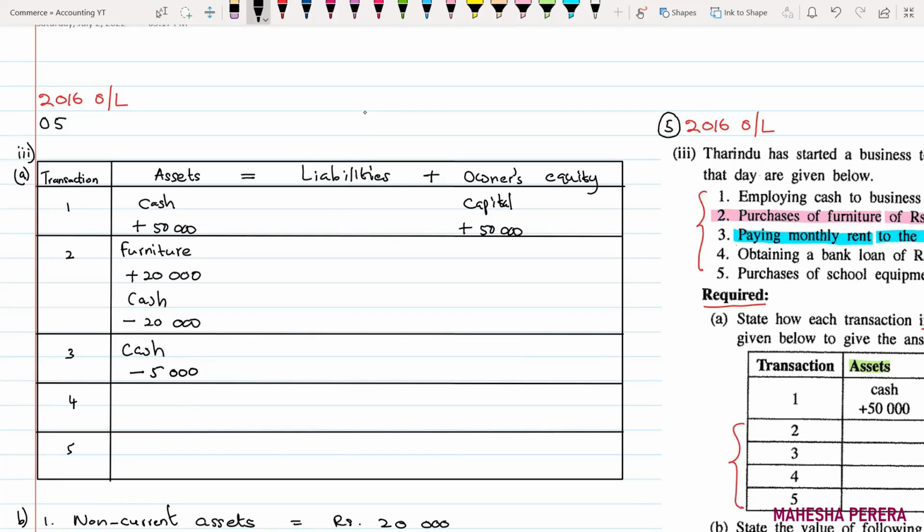So cash minus, and then what's the other impact? Under equity, you need to write minus 5,000, right? Now, what's the reason? This is because of building rent, right? Due to building rent, the owner's equity reduces by 5,000 rupees.